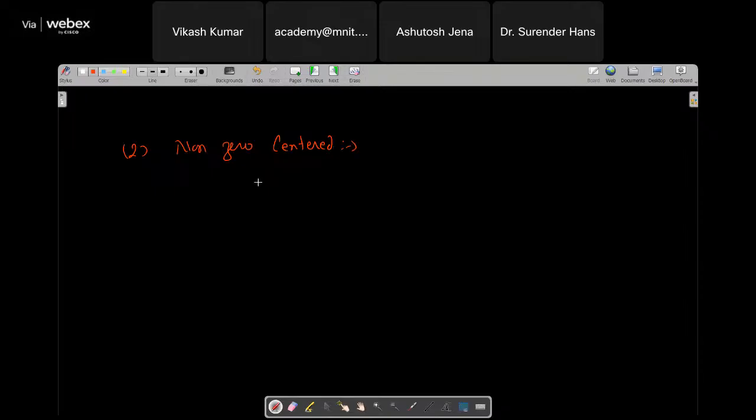Non-zero center means that after applying this activation function in the hidden layer, let's say this one is a hidden layer, the outputs are not normalized. So either they are all positive or might be all negative.